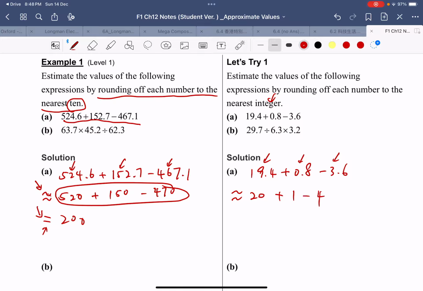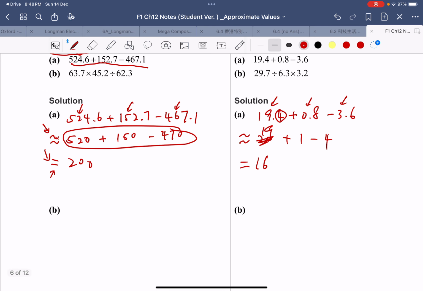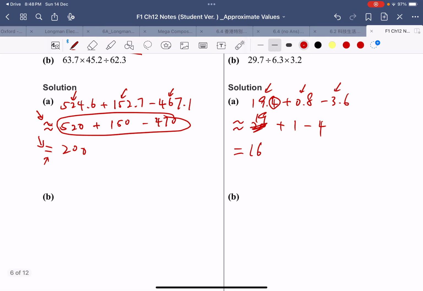Minus 4, right? Sorry, here, this is not 20 because this is just 4. We leave out the 4, 19. Okay, and then add 1, 20 minus 4 becomes 16. So you should be very careful.